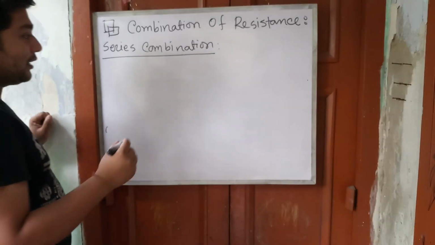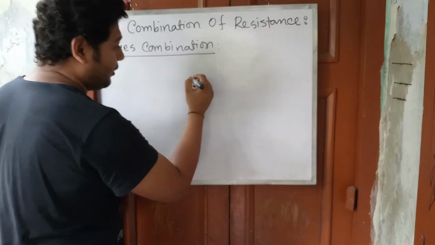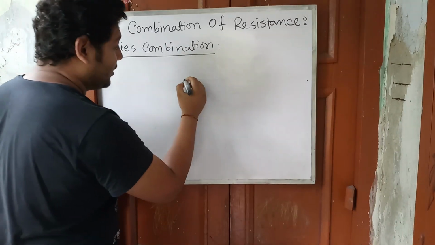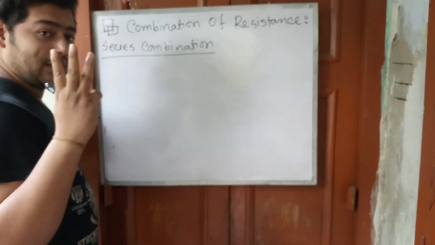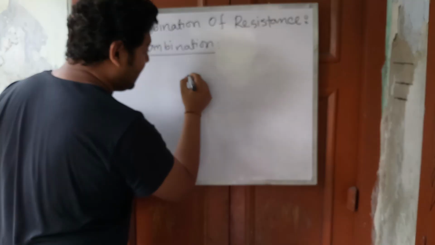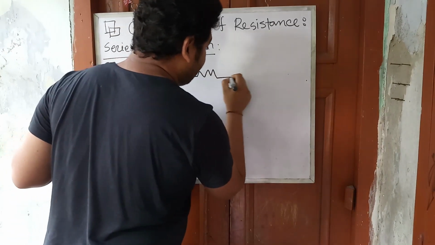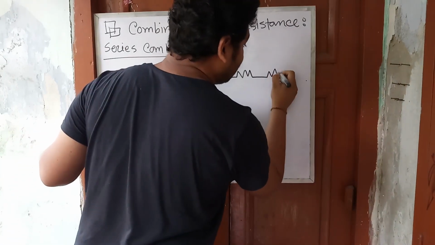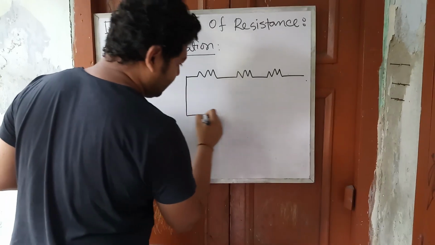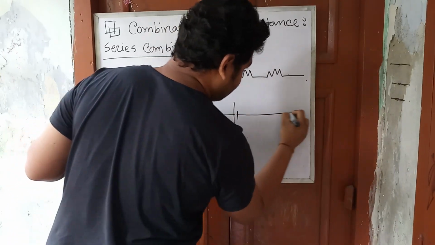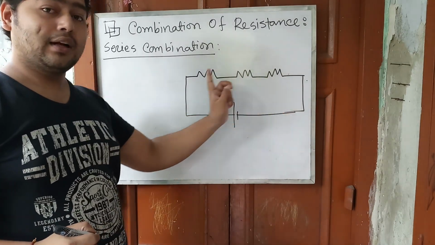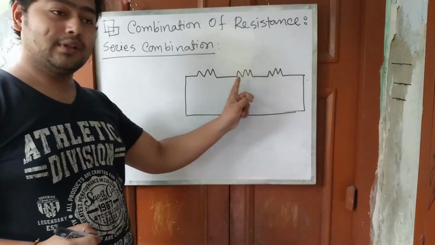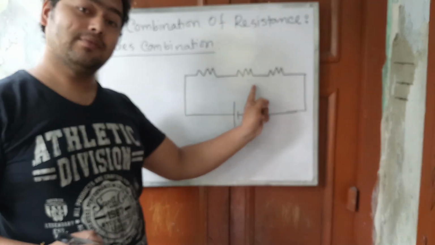Okay, let's see a configuration of a series combination. We will discuss this series combination with three resistances. If the resistances R1, R2, and R3 are connected one after another, this word is very, very important. Connected one after another.